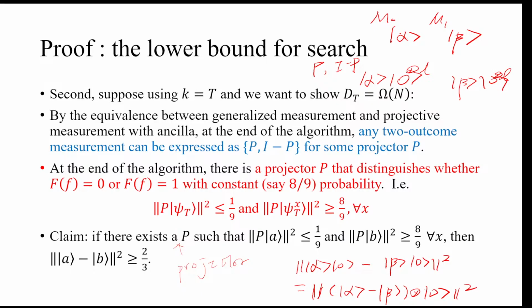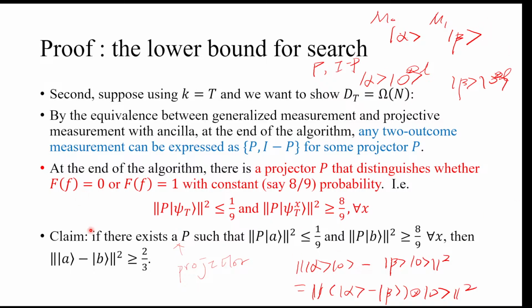By the matrix multiplication rule of tensor, this is the first register squared times the second register squared, and the second register squared is just this 0 vector, and it's 1. So that's a bit of a proof.